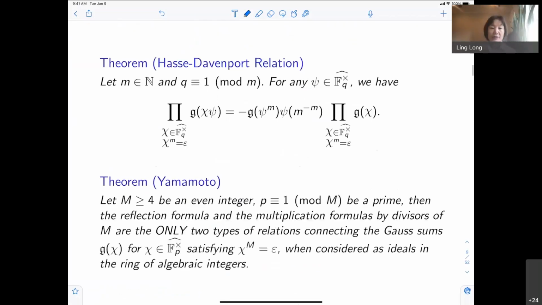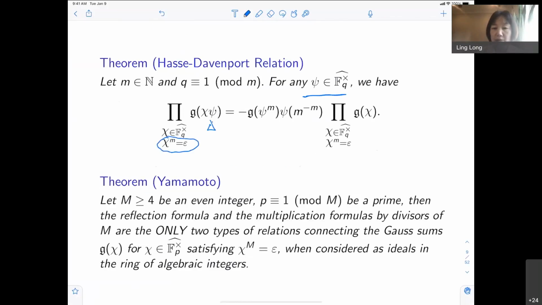Now I'm going to mention one of the Hasse-Davenport relations, which is the multiplication formula for Gauss sums. It is very parallel to the multiplication formula for the gamma function. What it says is, if you have any additive character, you can multiply the additive character with all the chi over here.